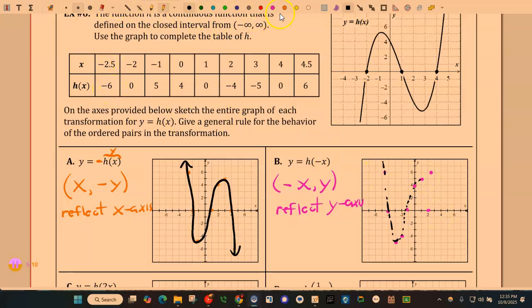Okay, let's make one correction here. Negative 6 down there. I know my shape is going to be the same, so as soon as that went a little bit different, something was up. Okay, there we go. Perfect.